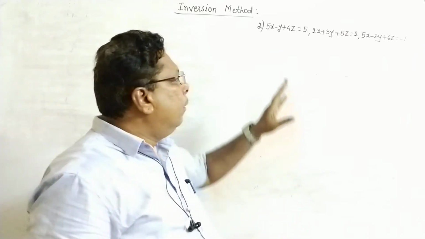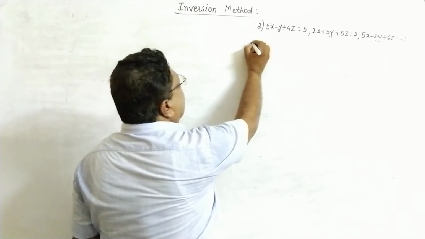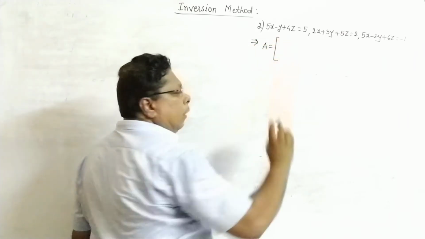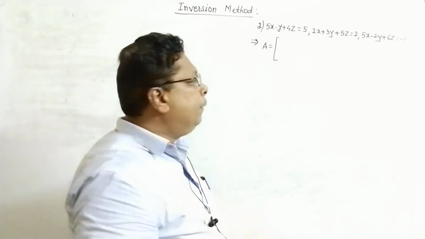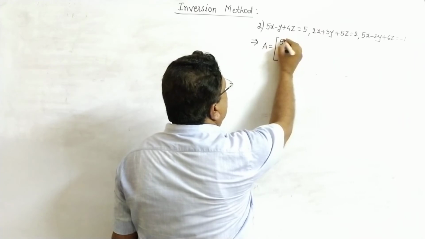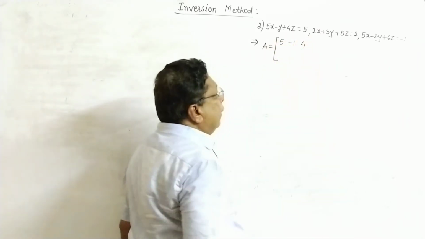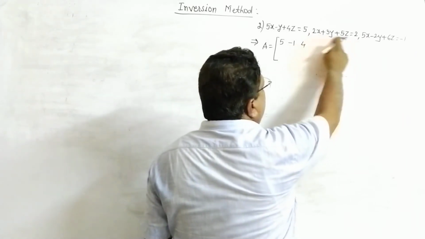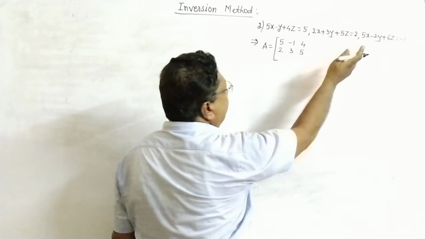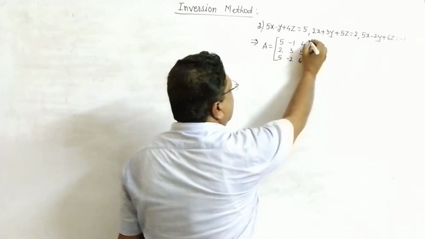So first of all, write down the 3 matrices A, X, B. What is A? Coefficient matrix. Write down the coefficients of x, y, and z. From the first equation, 5, minus 1, 4. From the second equation, 2, 3, 5. From the third equation, 5, minus 2, 6.